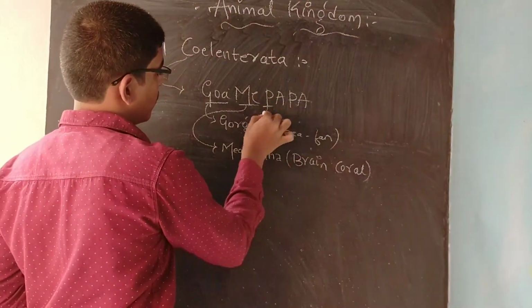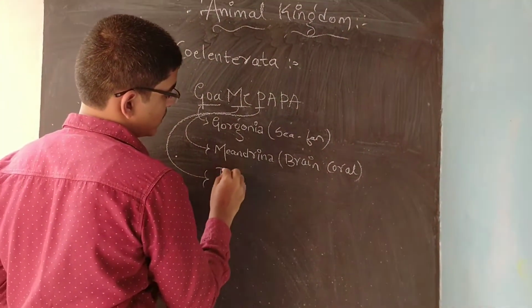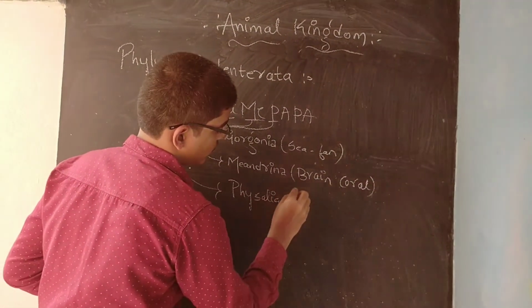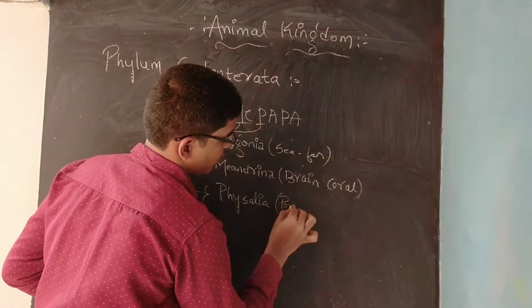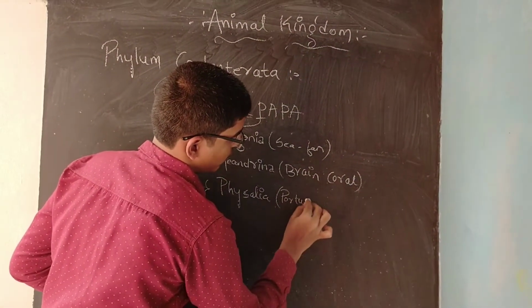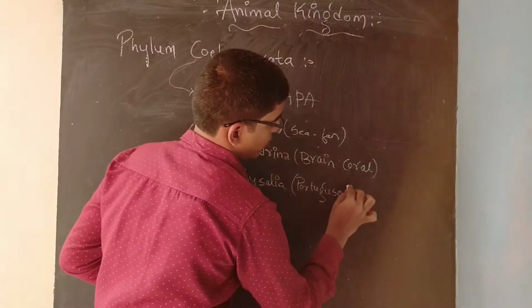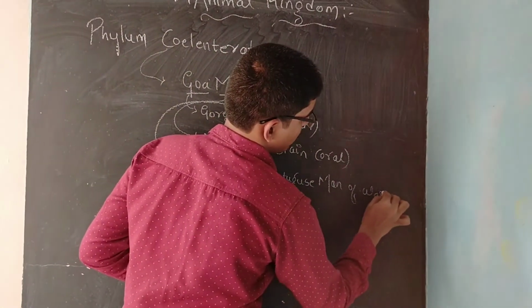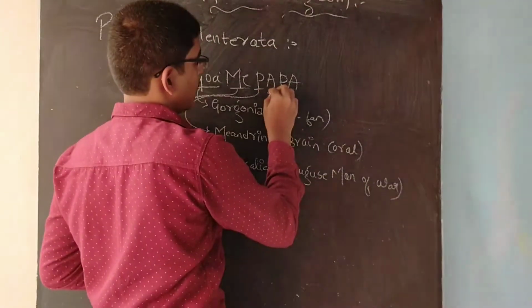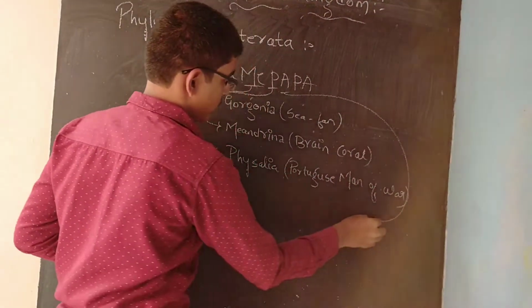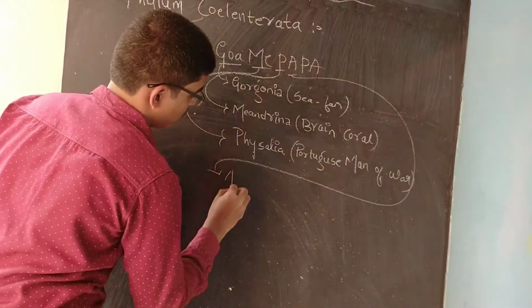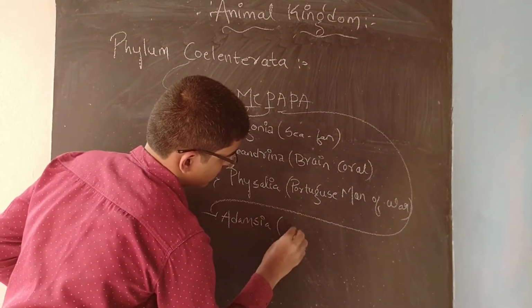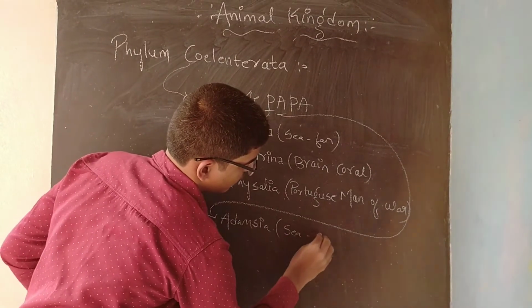P stands for Physalia, called as Portuguese man of war. And here A stands for Adamsia, which is sea anemone.